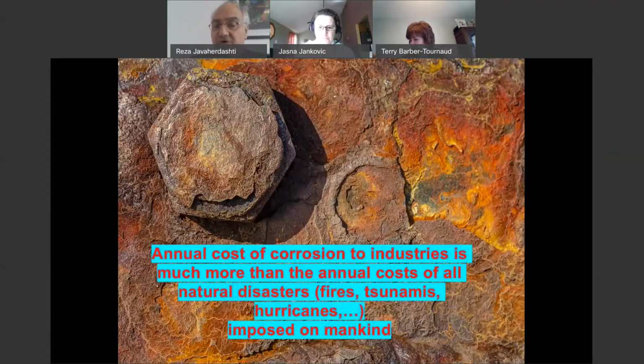You would see that the annual cost of corrosion to all these industries all over the world, altogether, is more than the cost of all the natural disasters, such as but not limited to fires, tsunamis, hurricanes. So corrosion is a very important issue.